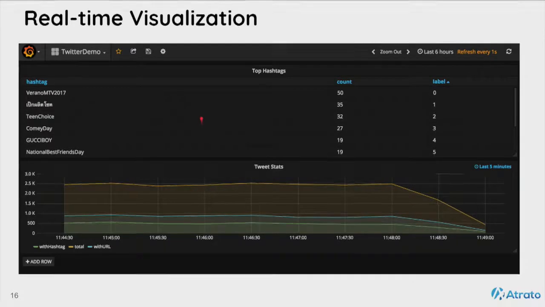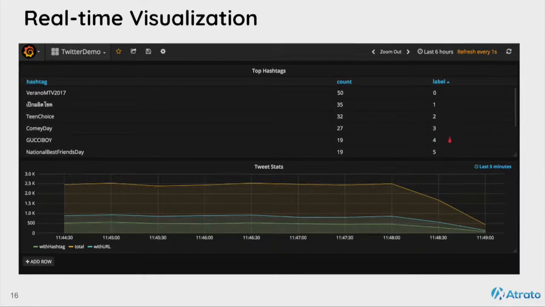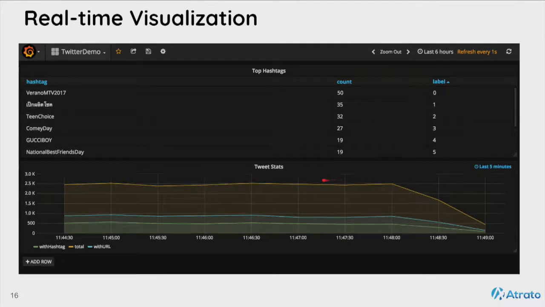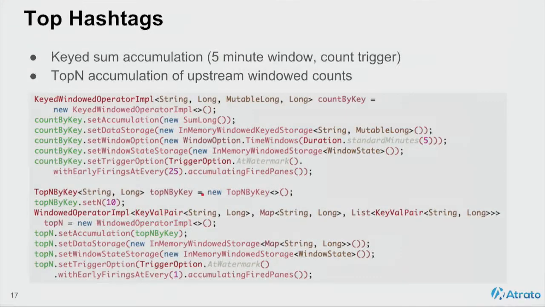So on the top, you see the top N with the hashtag and the counts. And then the last column you can ignore. This is just something that allows me to sort the table that has something to do with how Grafana works internally. And the lower one is time series. Grafana was really made, I believe, for time series and for monitoring systems. And so this is just using time series for the counters.